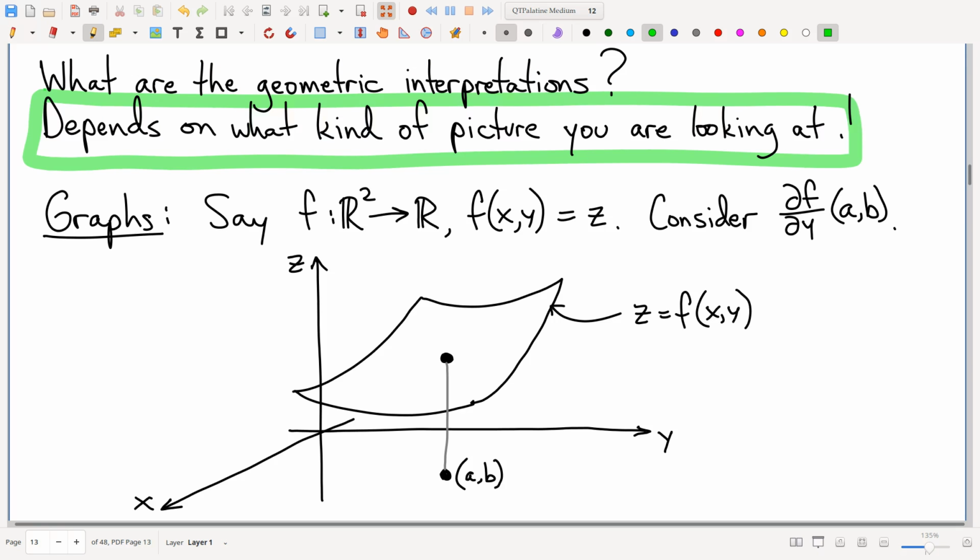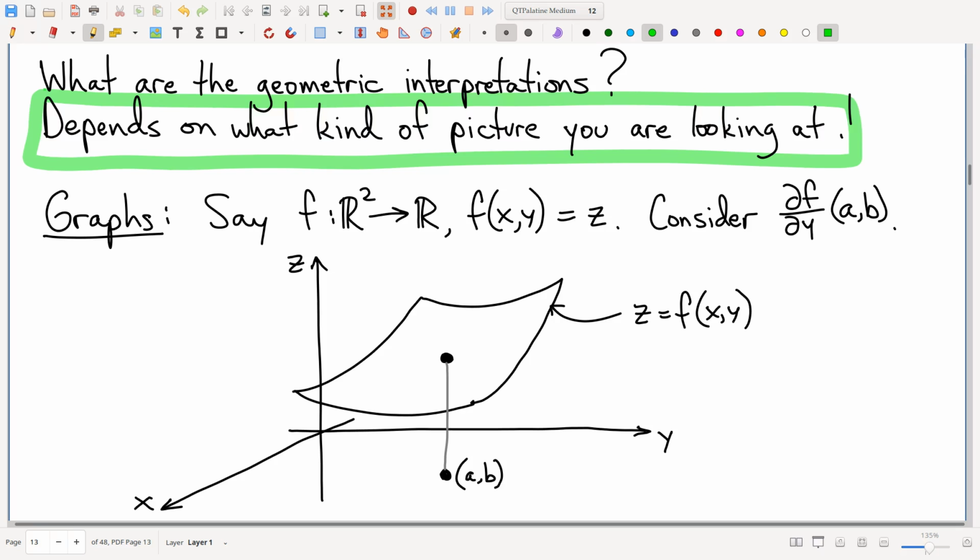If you're looking at a graph, that's one thing, but you might be looking at level sets, or the literal picture that I described, or a parameterization. There's a bunch of different pictures, and we're going to have to make sense of what this partial derivative looks like depending on which kind of picture we're looking at. So do keep that in mind.